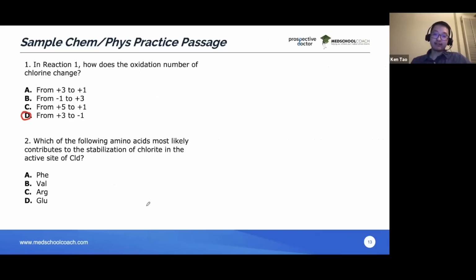Okay, let's take a look at our next question. Number 2, which of the following amino acids most likely contributes to the stabilization of chlorite in the active site of chloride dismutase? For this one, again, we need passage information, but there's some strategy I want to leave you with because this is an extremely common question you see on the exam. There are 2 approaches depending on the information provided in the passage.